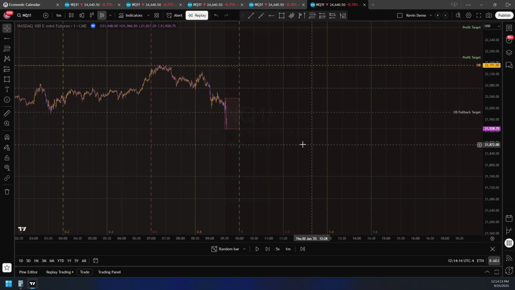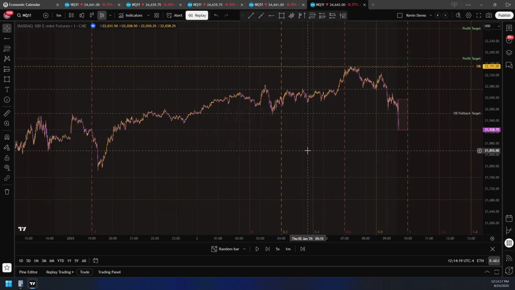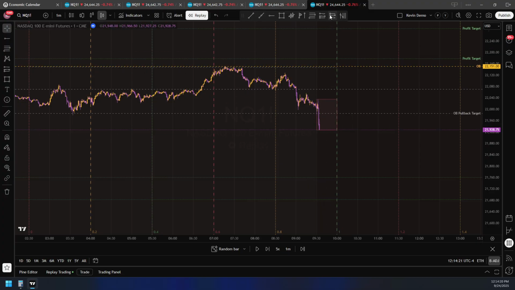Now, if we were to go short right here, I kind of want to project these things out before the market opens. You don't have time to really do it while all this is going on. You want to project out all your potential targets beforehand, which is why I do my mapping the night before.